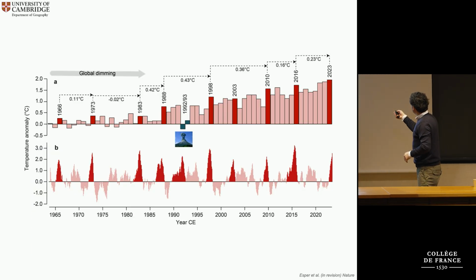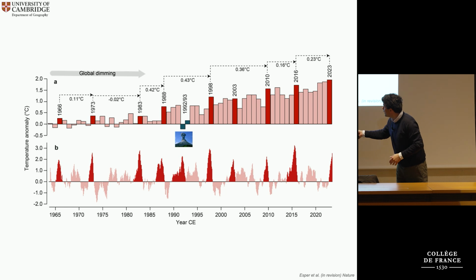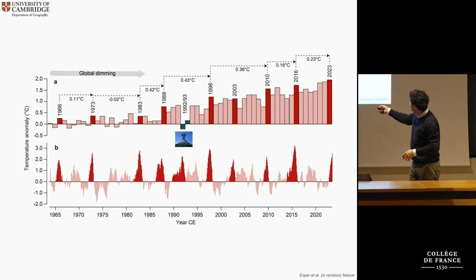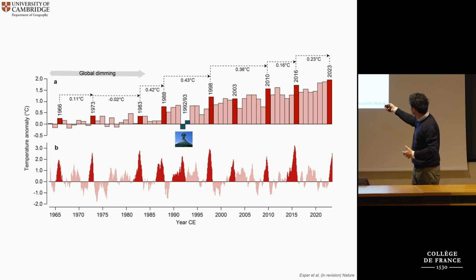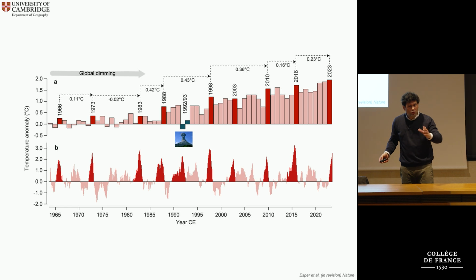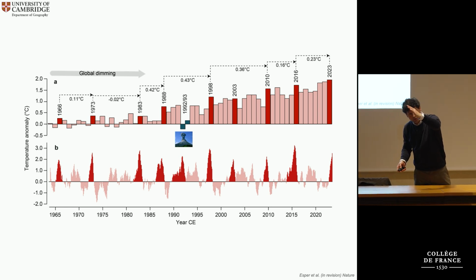Yeah, this is 2023. Here we have the instrumental record, so we go back basically to the mid of the 20th century. It's getting warmer and warmer and warmer. And you have these spikes, and they always coincide with El Niño years. So we know 2023 is obviously a result of greenhouse gases, anthropogenic warming.